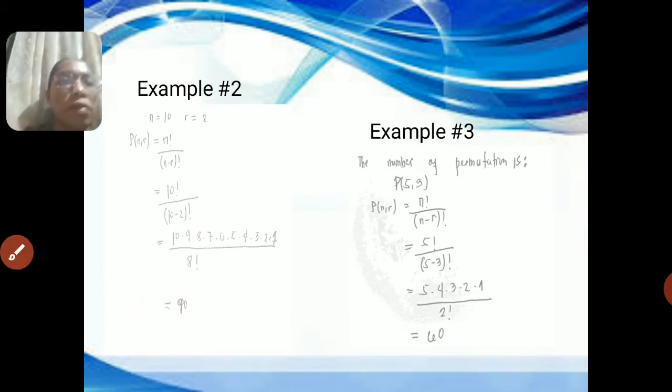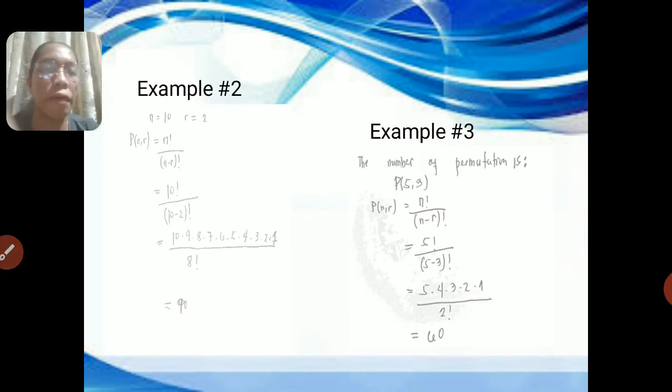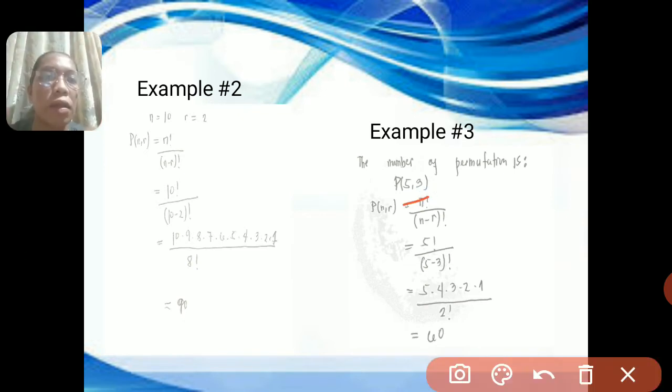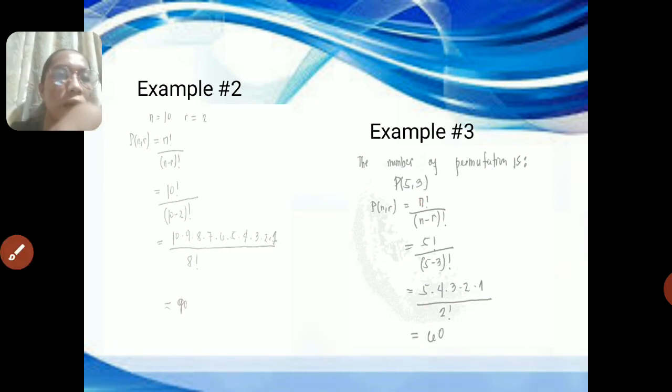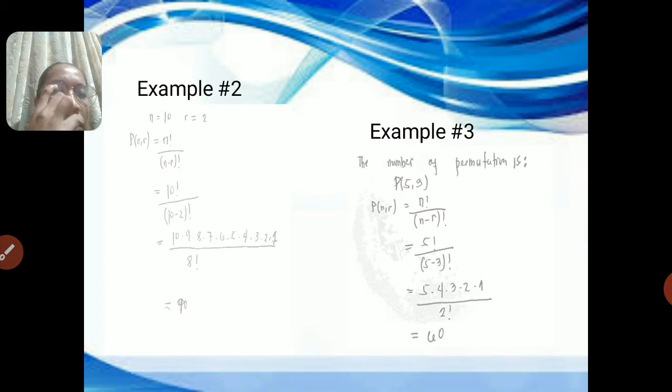Example number 3. The number of permutations of 5 and 3. 5 is the n and 3 is r. 5 factorial is 5 times 4 times 3 times 2 times 1. And the answer of 5 minus 3 factorial is 2 factorial.